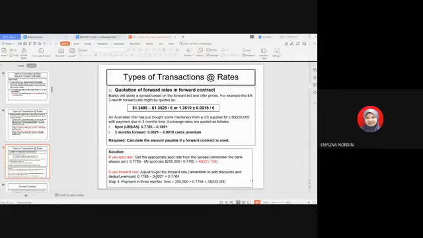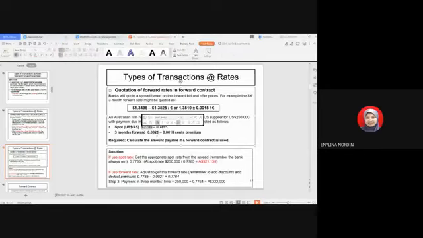We knew already that if you are using the spot rate, we are using the low rate and the bank will sell at low. So we will directly use the lower rate, and the premium must be minus from the spot rate. So the lower spot rate here will be minus the premium. That's the rule: premium must be minus, discount must be added. This is the premium, you minus 0.0021.